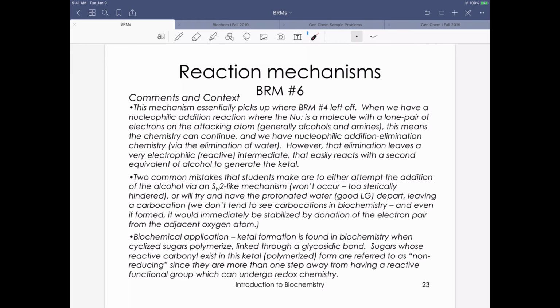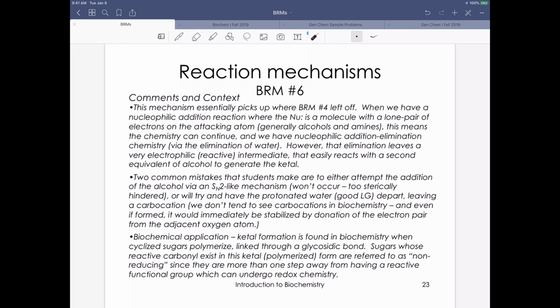But again, sugars that have that carbonyl locked up in this ketal or polymerized form, we refer to as non-reducing, since they are more than one step away from having that reactive carbonyl functional group that can undergo redox chemistry. So the purpose of these reaction mechanisms, 4 through 7, is that the first thing we do is cyclize our sugars, which is the first step in protecting that carbonyl.